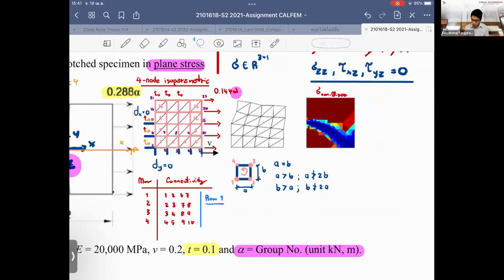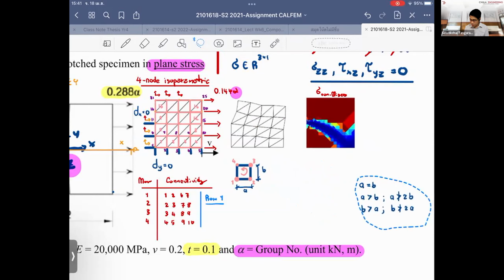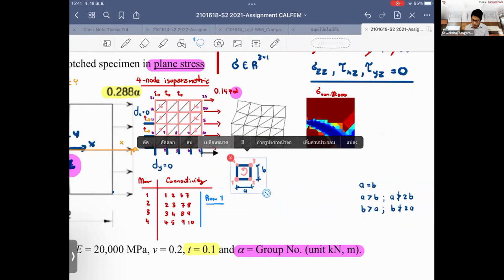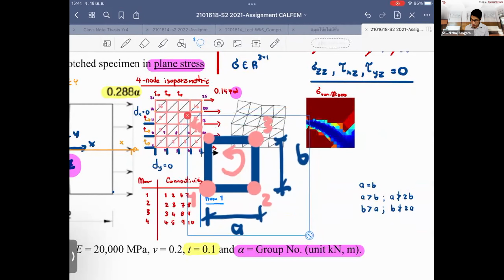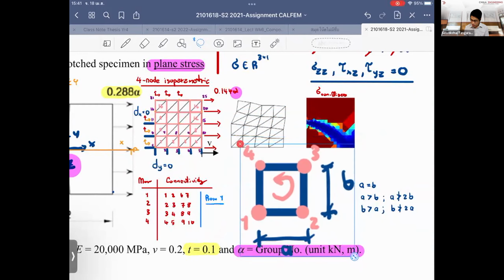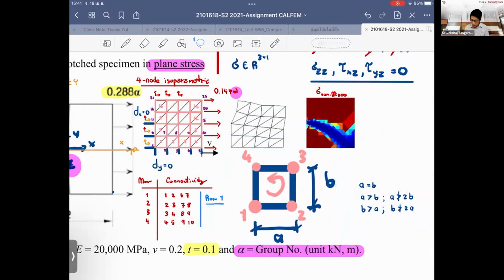And I want to enlarge this diagram. It does not look very real.